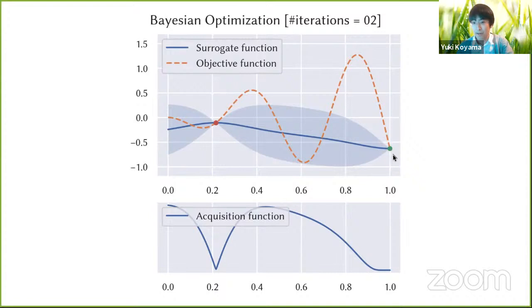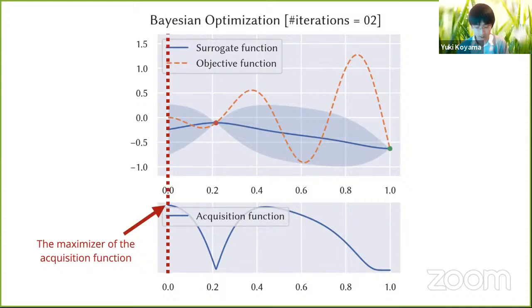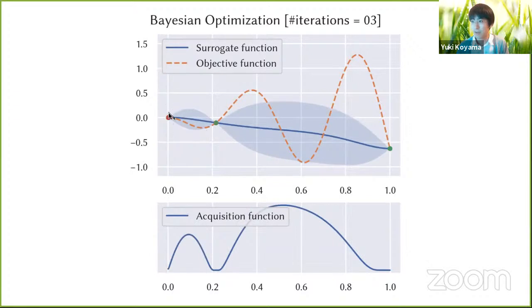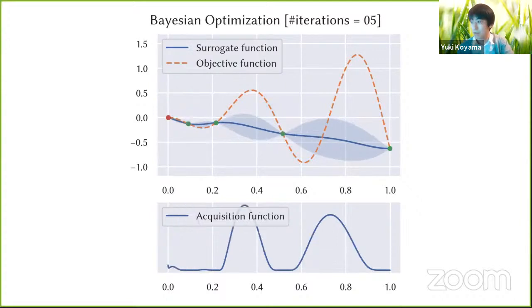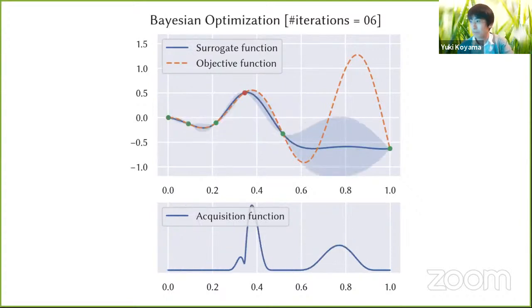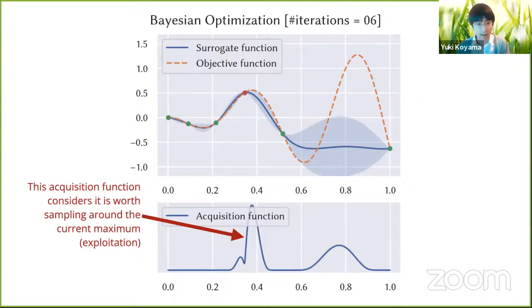Using the available observed data, BO updates the estimated function and the acquisition function as well. Then again, it finds the maximizer of the acquisition function and then observes the data points like this. This procedure is repeated several times. At this moment, the acquisition function considers it is worth sampling around the current maximum, which is the red point.